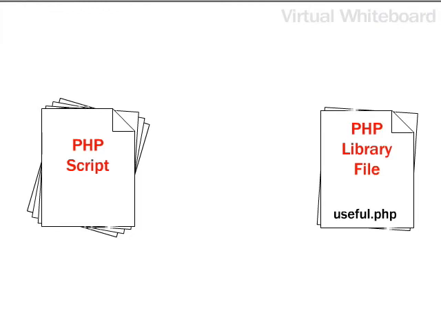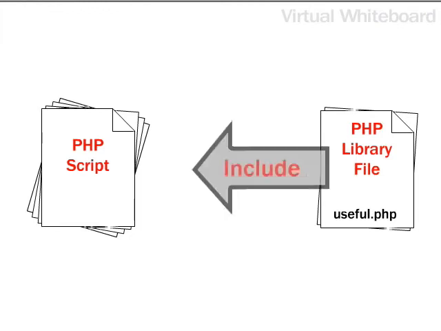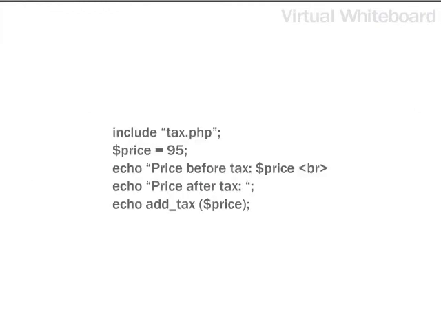Including library files. You can also incorporate an external library into another script by using the include keyword. Here the example includes tax.php so that add_tax can be called in that script. If you need to, you can also make sure that a library file is only loaded once by using the include_once keyword.